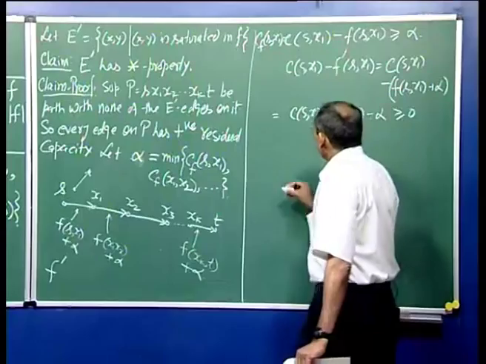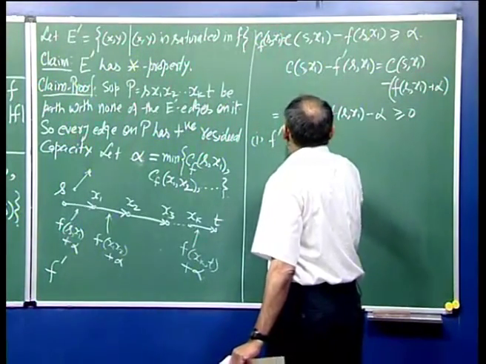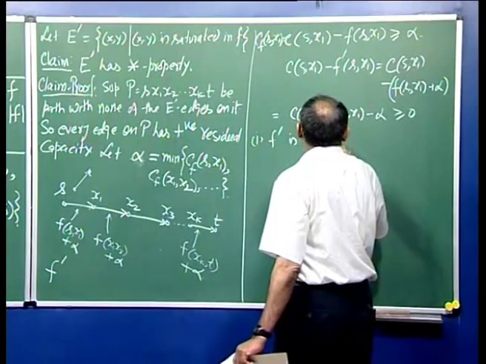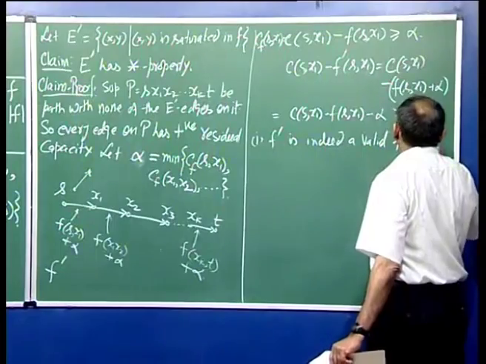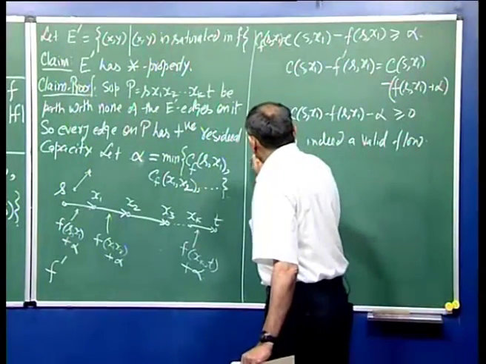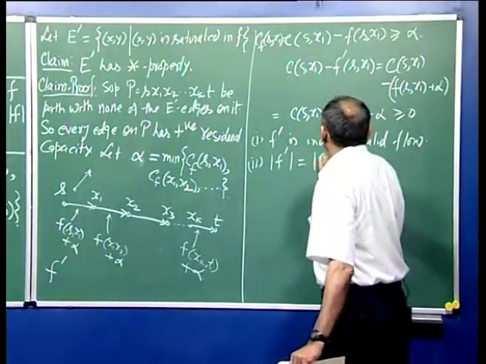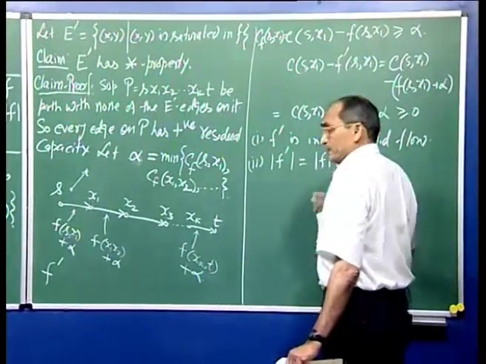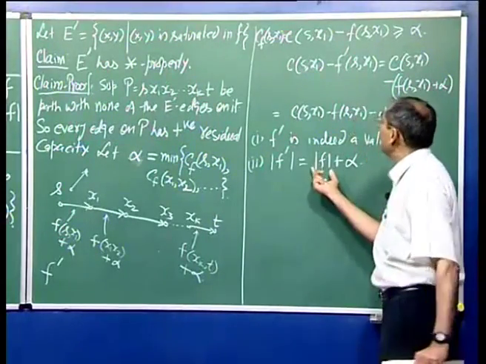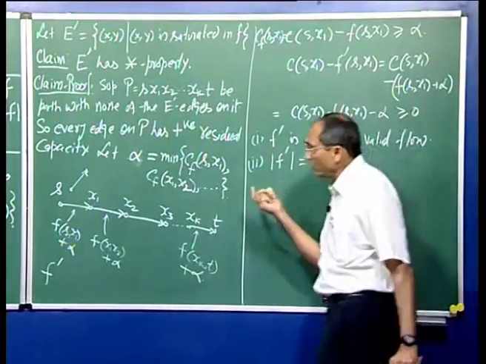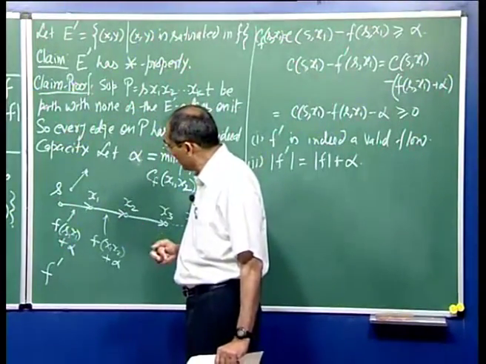So, what we notice is, first we observe is that f prime is indeed a flow, a valid flow. And second observation we have made is that the magnitude of this flow is, the reason is we had shown that this is equal to the net flow emerging from the start vertex.